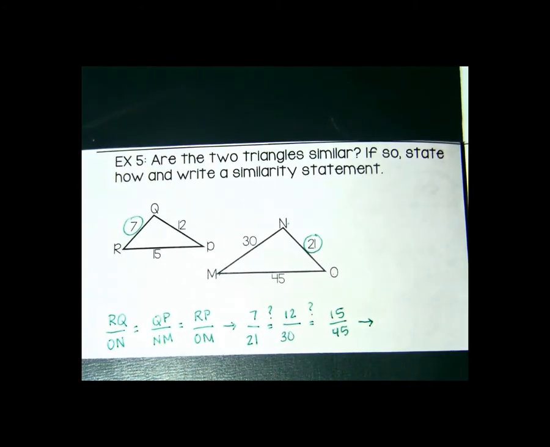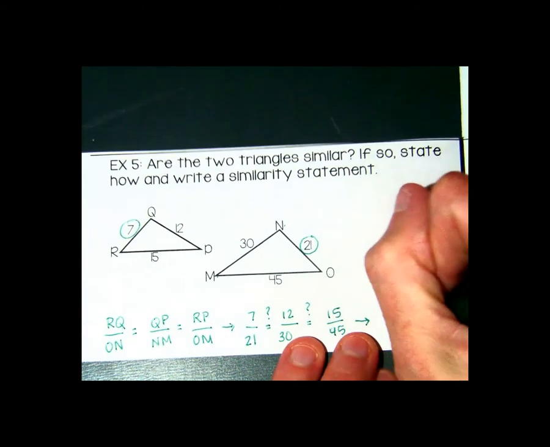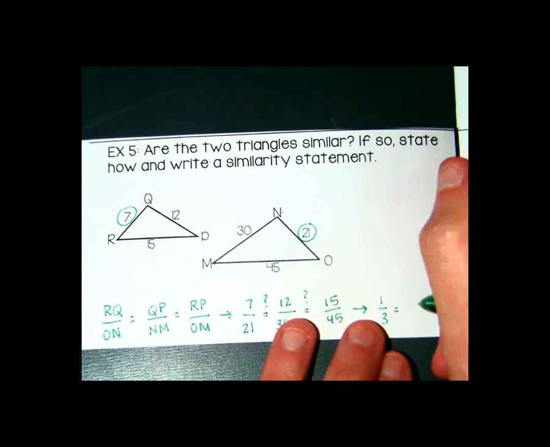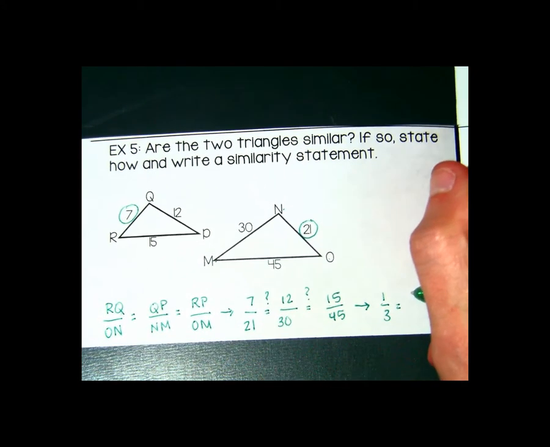7 over 21 is 1/3. 12 divided by 30. Whoops. That's not going to work.